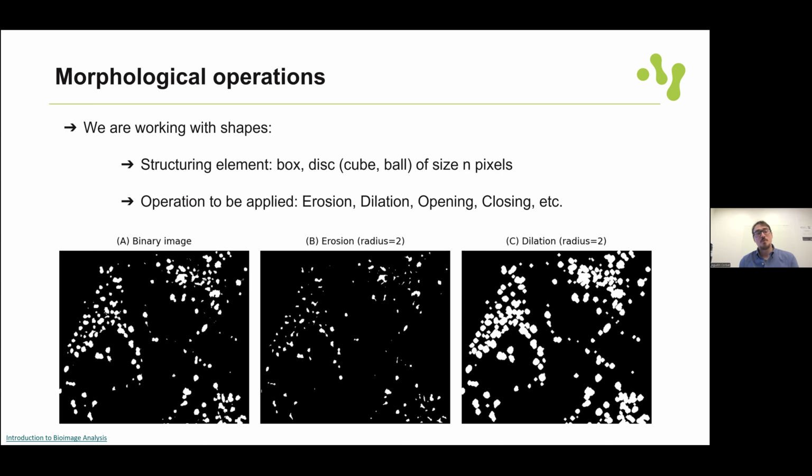So yes, morphological operations are almost an art or a handcraft, because you can combine them one after the other many times, and it changes your interpretation. You have to be very careful with them.